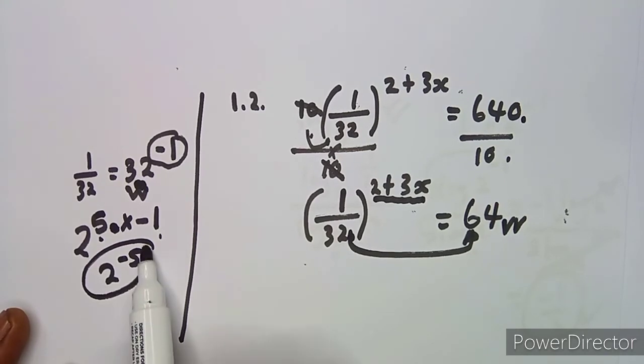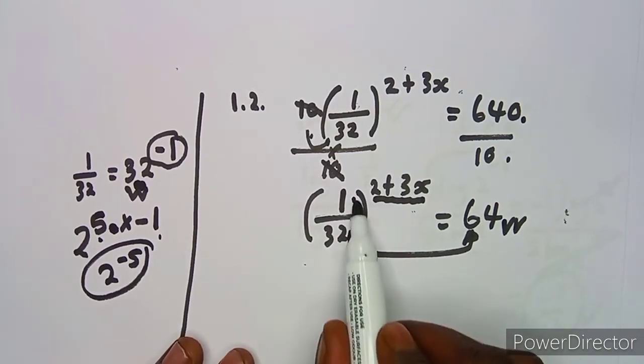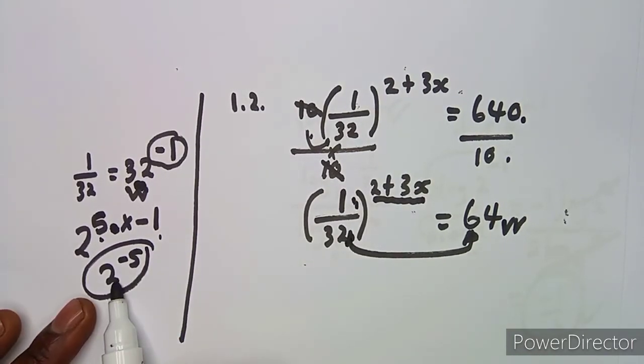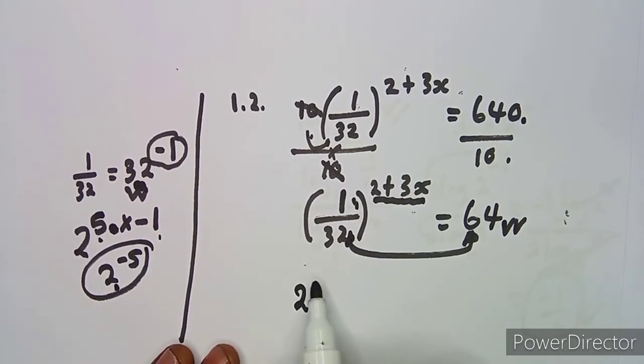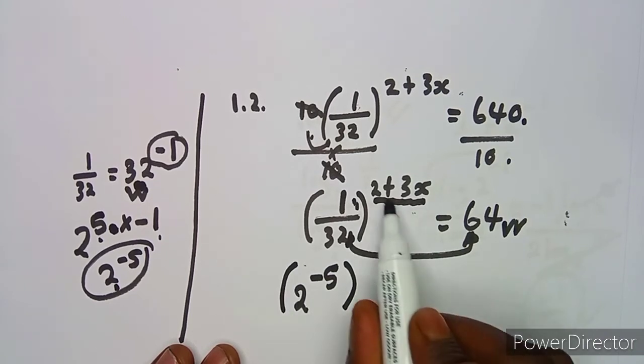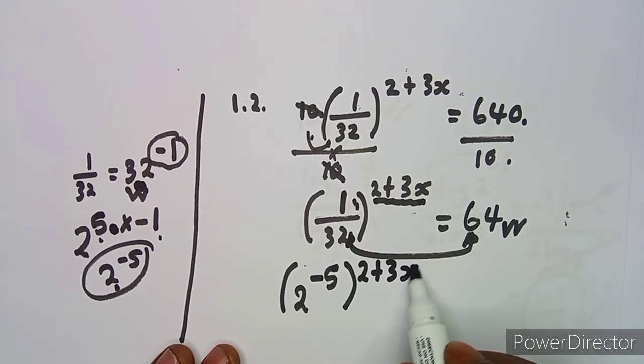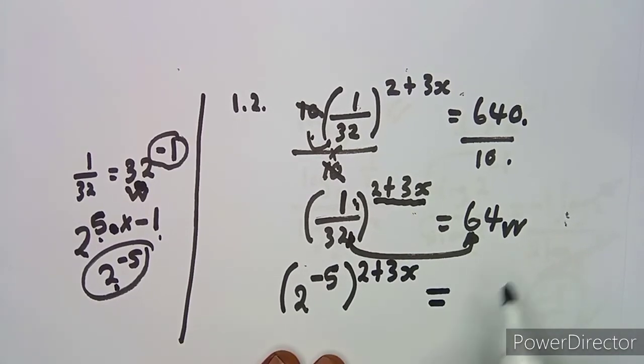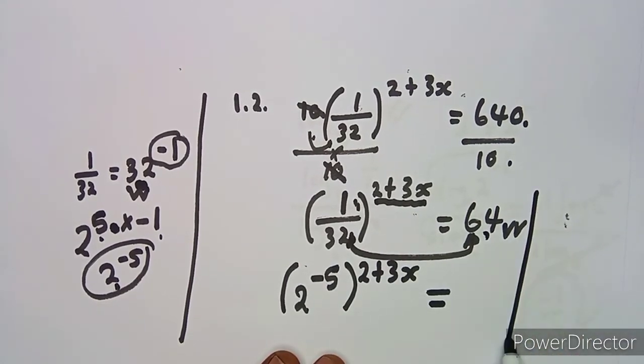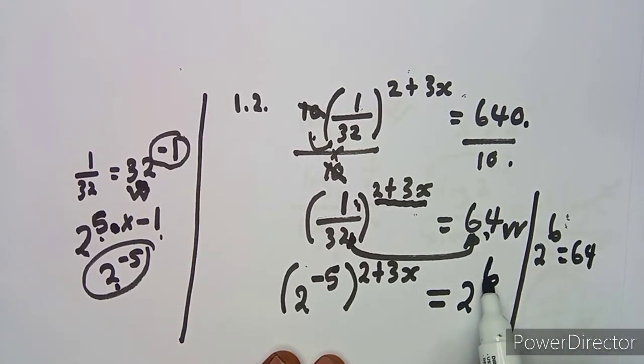So this 1 over 32 in base 2 is 2 to the exponent of -5, but everything to the exponent of 2 plus 3x, which is equal to 64 in base 2, which is 2 to the exponent of 6. Yes, that's 6, which is going to give us 64.